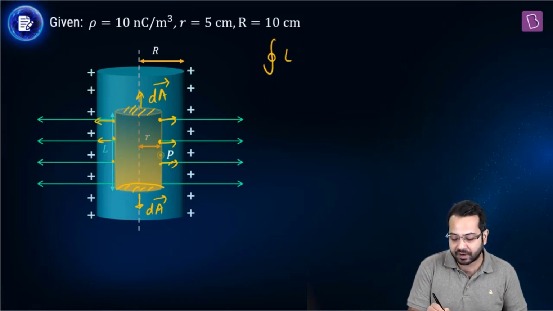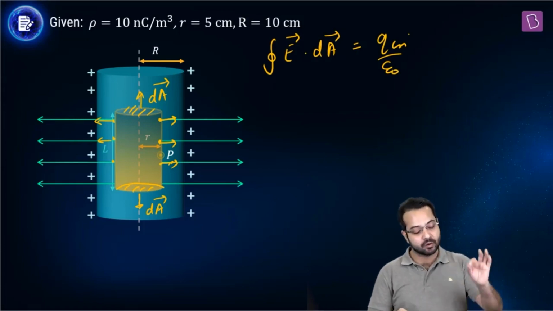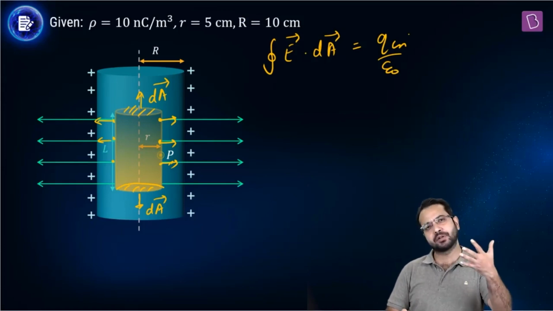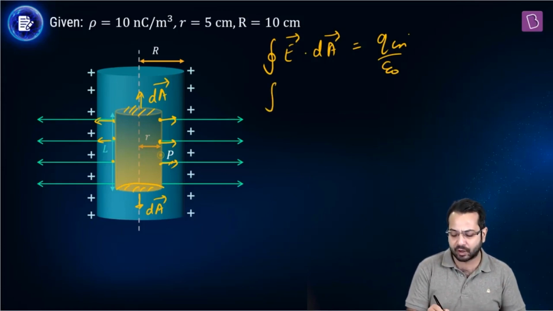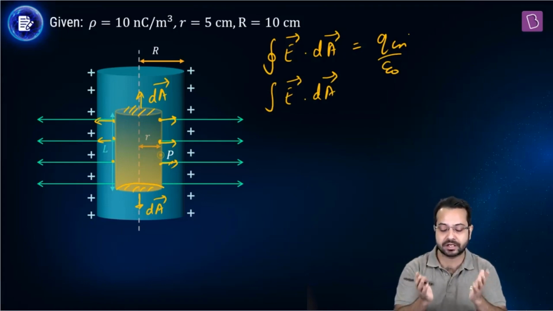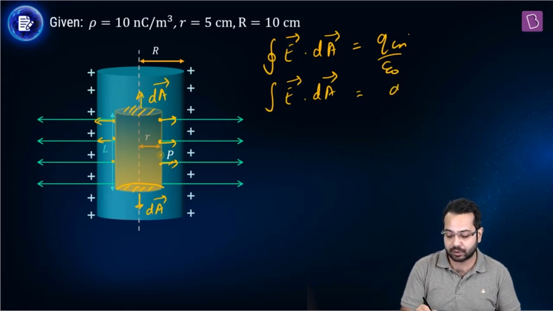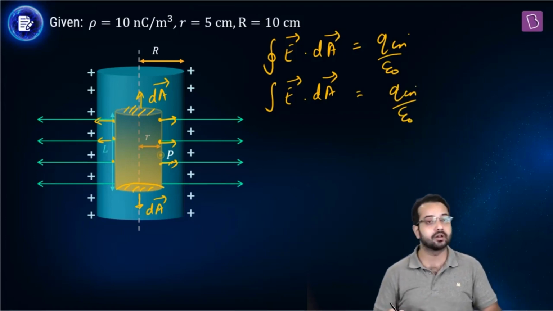Okay, so if we write Gauss's law, which is closed integral of E dot dA is equal to Q inside upon epsilon naught, we know that at the top and bottom surface there will be no flux. So it just boils down to the flux through the curved surface. So integral of E dot dA is the flux through the curved surface. This is equal to Q inside upon epsilon naught.